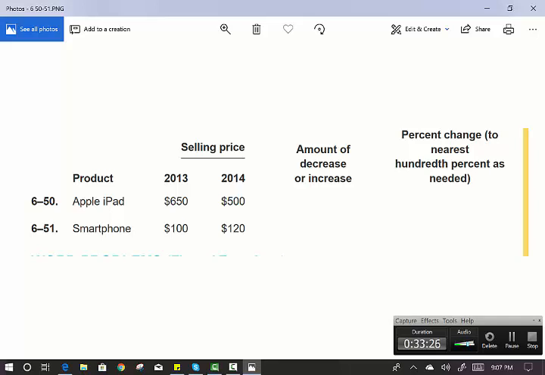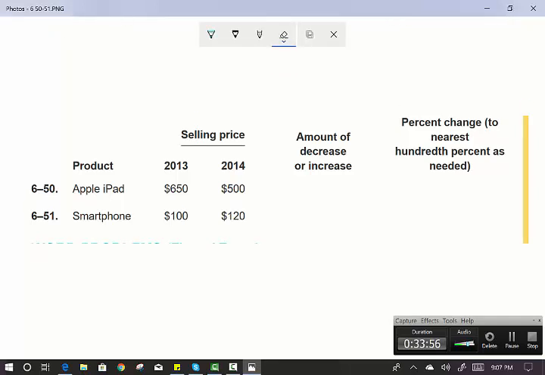So we're going to compare this to our base year of 2013. We're going to take the difference between 2013 and 2014, and we're going to see a decrease for the Apple iPad. In 2013, it cost $650, and then it decreased to $500, so it dropped $150.